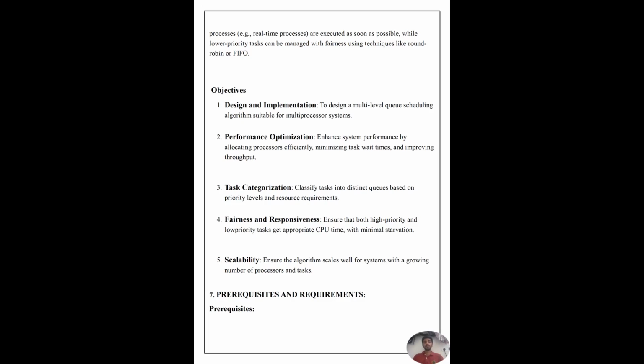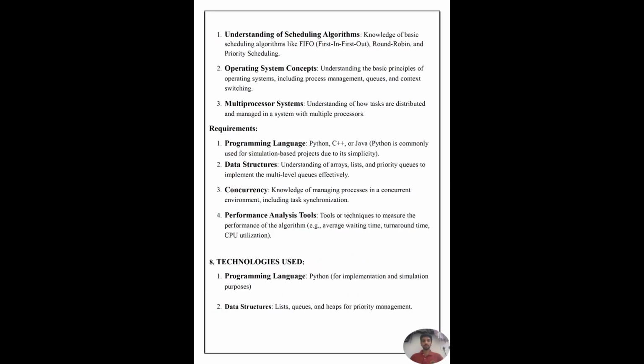There are prerequisites and requirements for this project. Understanding of scheduling algorithms: knowledge of basic scheduling algorithms like FIFO, first in first out, round robin, and priority scheduling. Operating system concepts and multiprocessor systems. These are the prerequisites.